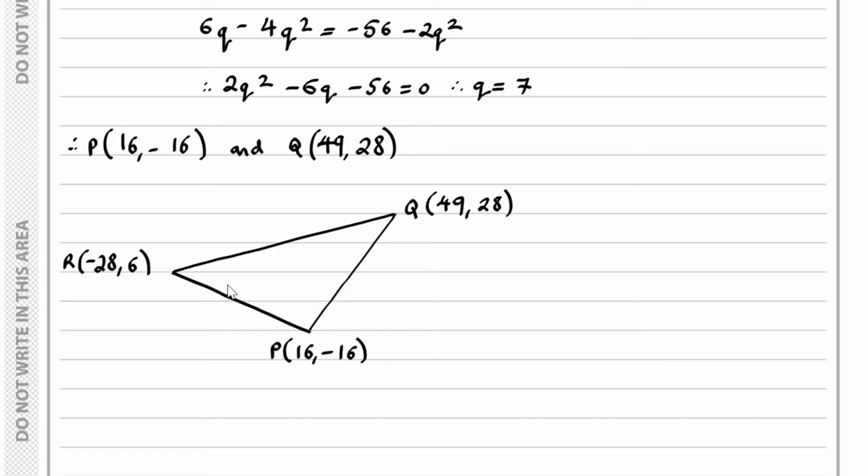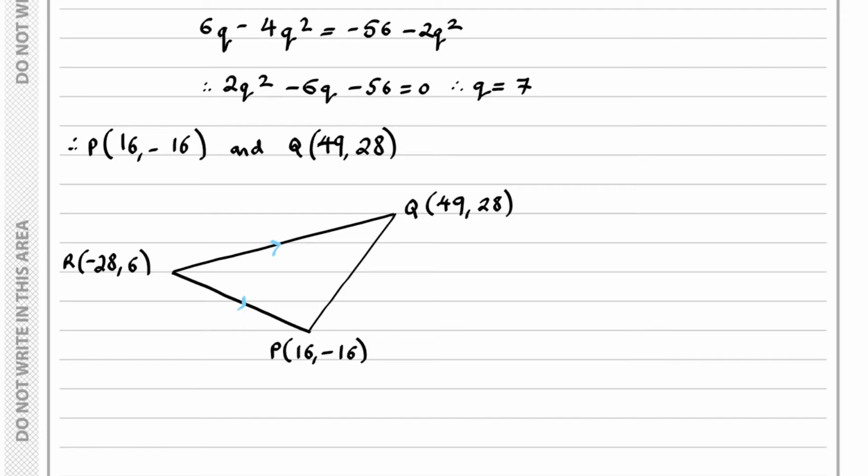So for us to find the area of the triangle, we can find the vectors RQ and also the vector RP, and then we can use the formula 1/2 times the magnitude of RQ times RP.